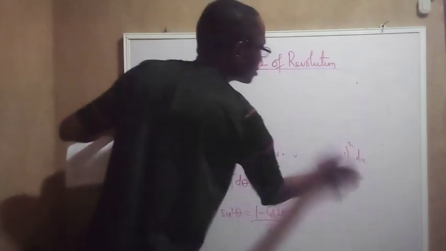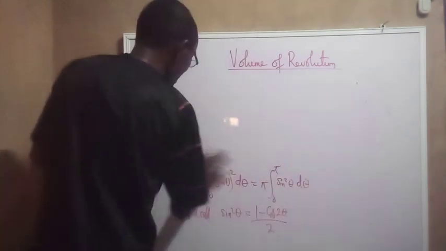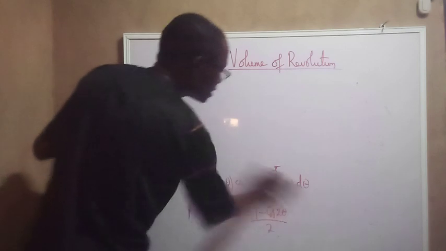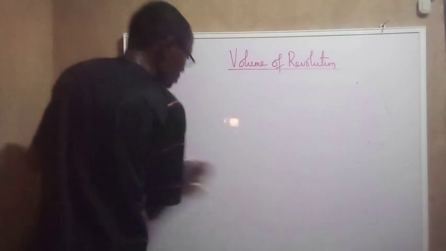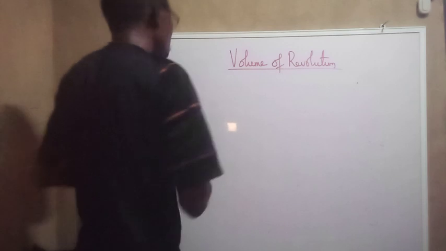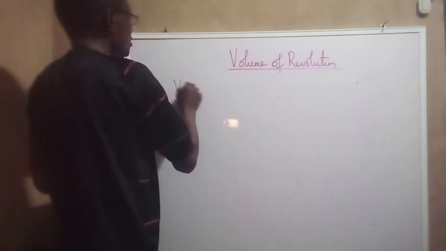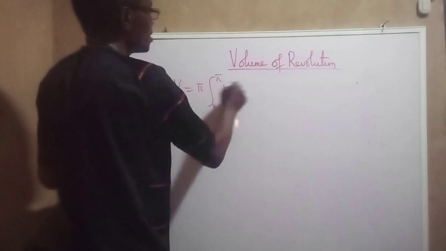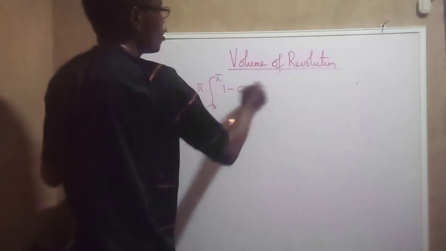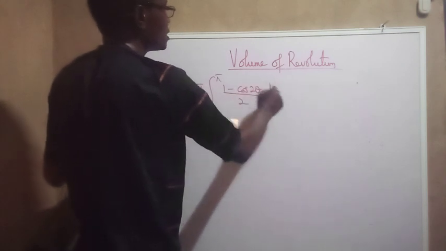So check. Okay. So that implies that, let's clean up everything here. So that implies now that what we want to do is what? We want to find V is equal to pi integral from 0 to pi of 1 minus cos 2 theta all over 2 d theta.